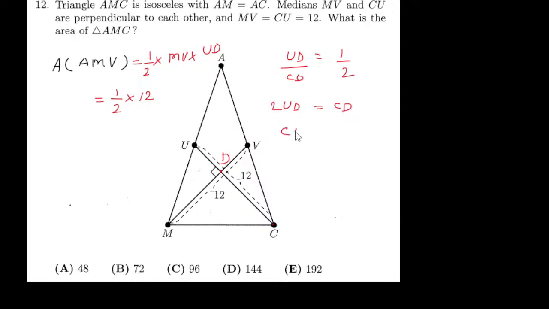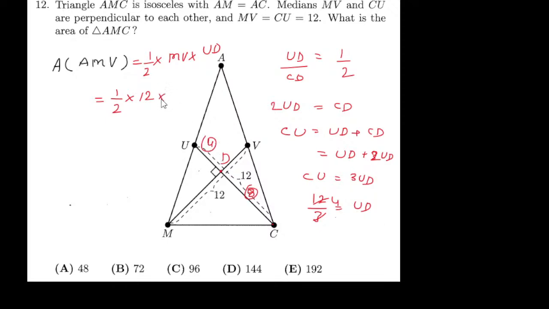Now CU is UD plus CD, so I can say 2 times UD plus UD, so this will become 3 times UD. CU is 3 times UD. CU is given as 12. So 12 upon 3 is UD. So 3 4s are 12, so I will get 4, and this side it will be 8.